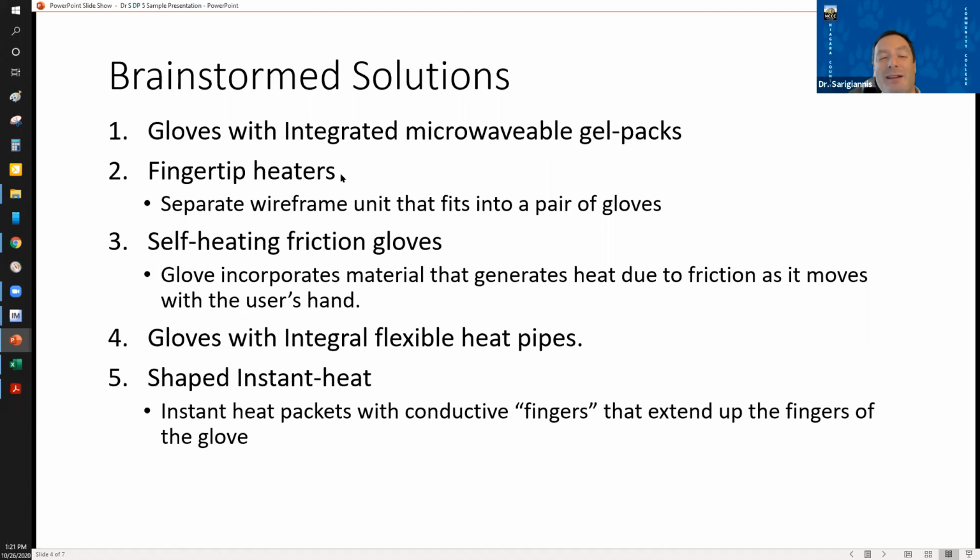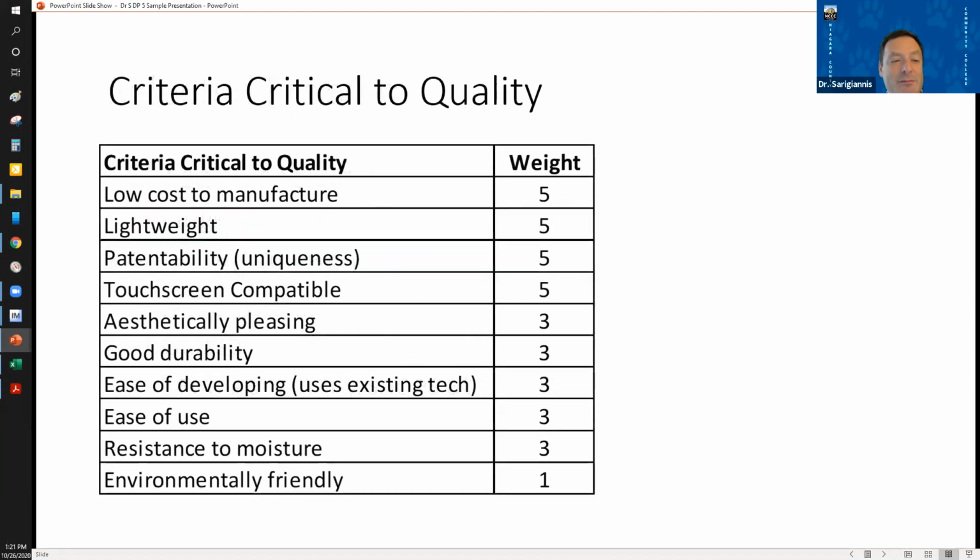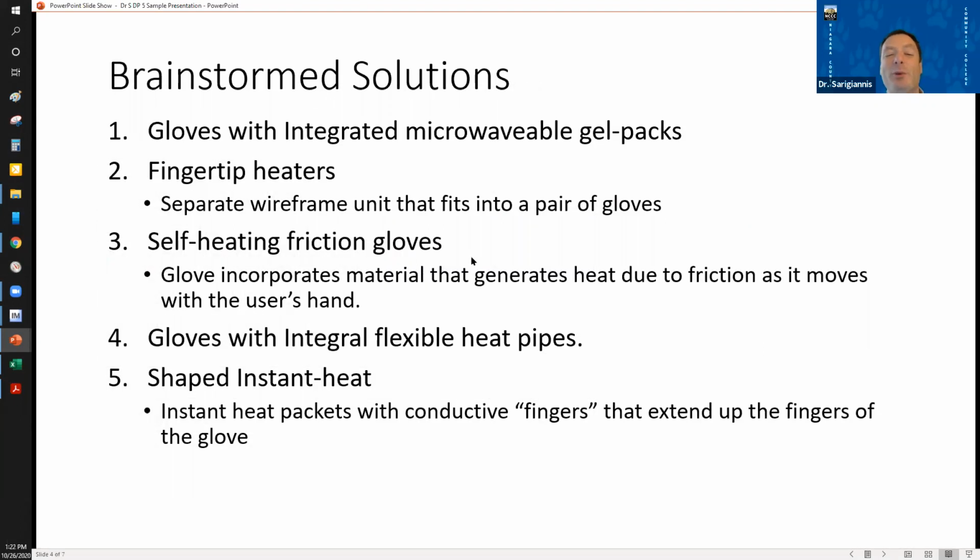This one, I thought, could use some more explanation. Fingertip heaters, right? Well, I envision this as a separate wireframe unit that fits inside a pair of gloves. Number 3, I actually changed the wording on this one. If you go back to my memo, you'll see this is called something else.